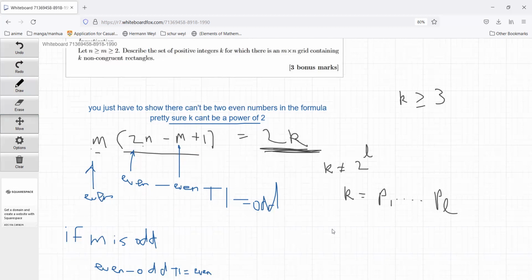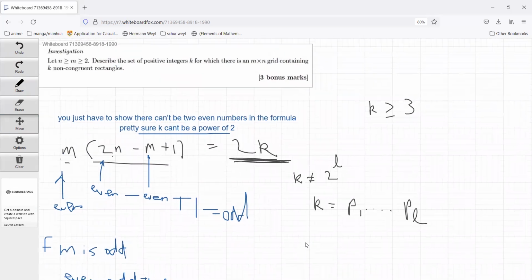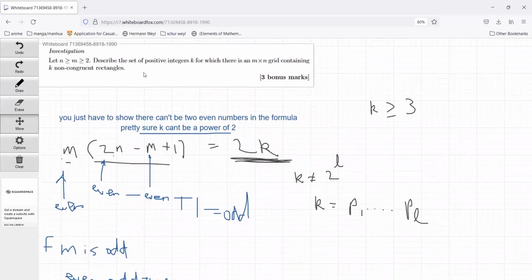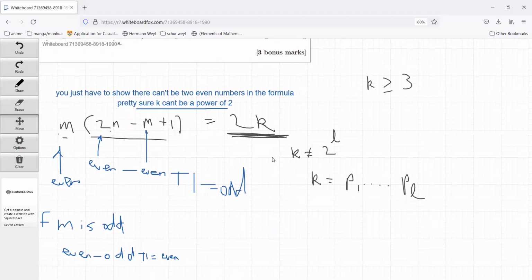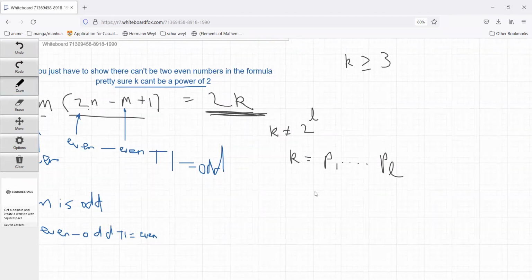Maybe we consider a small k. We want to find the set of all possible things. So yeah, let's have a look at a small one. Let's say k is equal to 3. Actually, with the k equals 3 case, it works. So let's look at k equals 5.